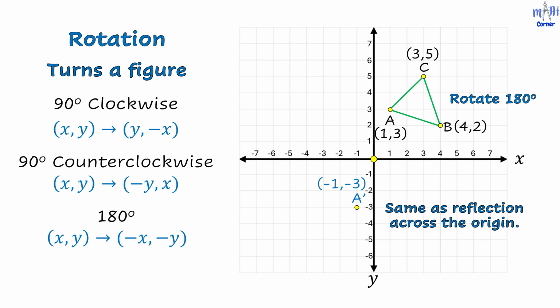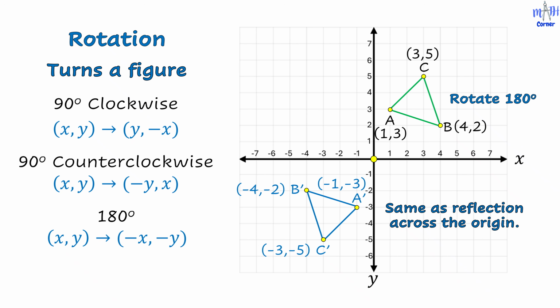B is located at 4, 2, so B prime is located at -4, -2. C is located at 3, 5, so C prime is located at -3, -5. Connect the new points. This is the figure rotated 180 degrees around the origin.